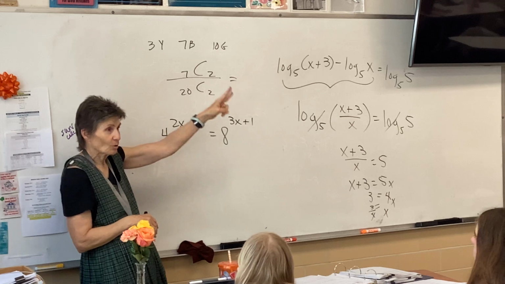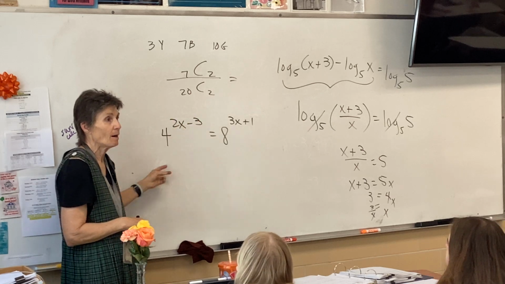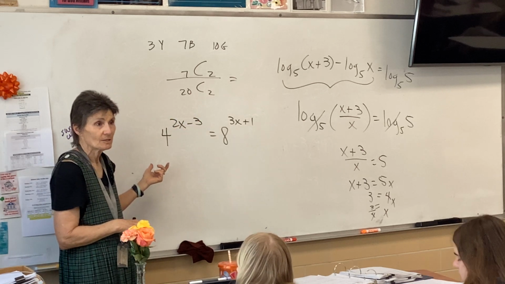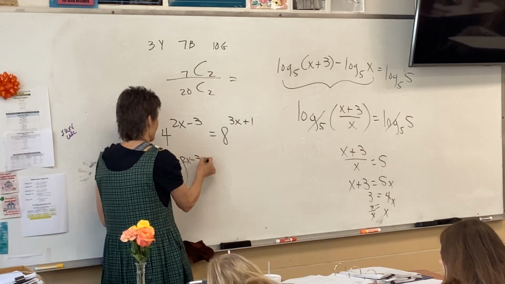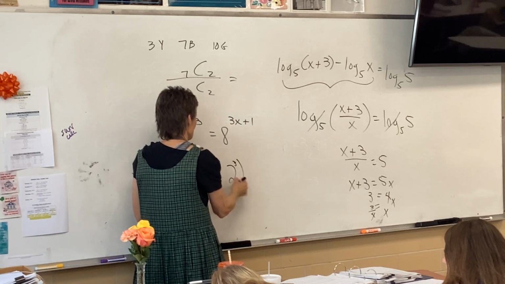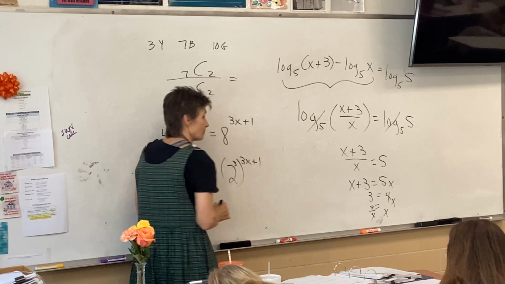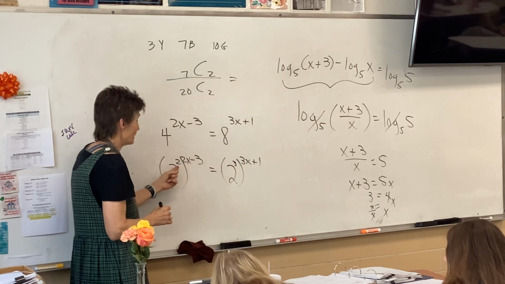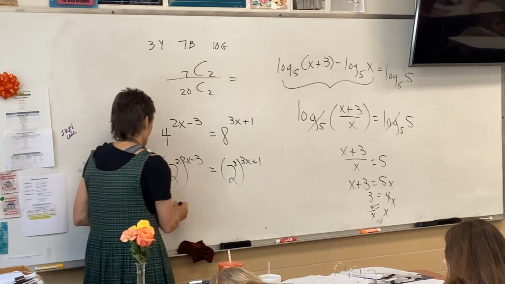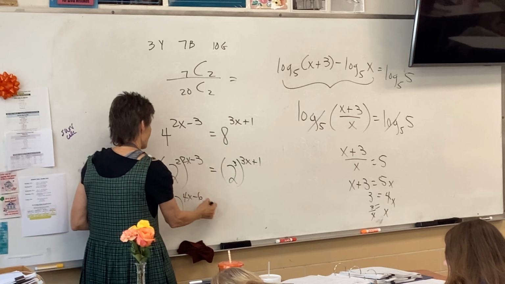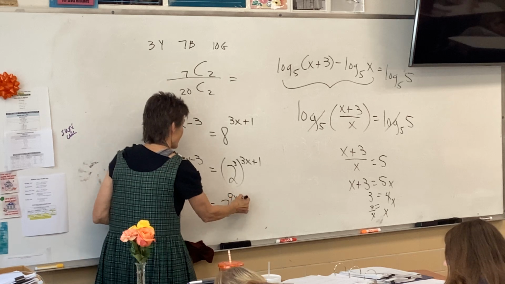So Gavin's back there going like this because my common base is going to be 2. So 4 is 2 squared. 8 is 2 cubed. Somebody asked me about this earlier. These get multiplied. So I have 2 to the 4x minus 6 equals 2 to the 9x plus 3.